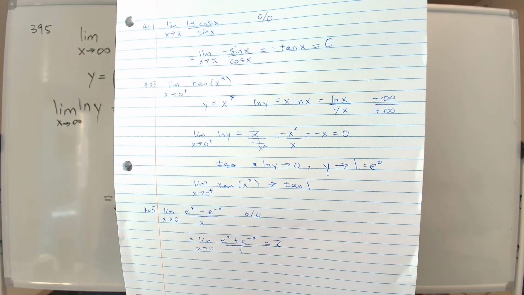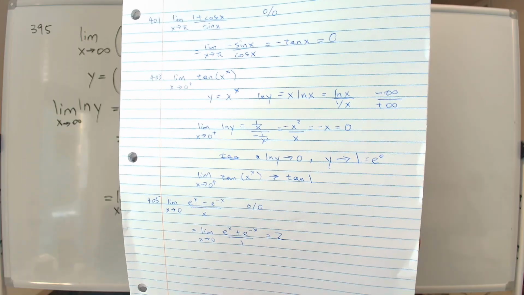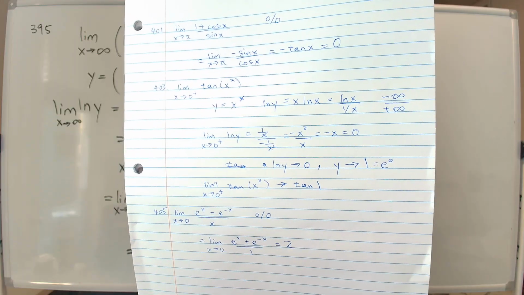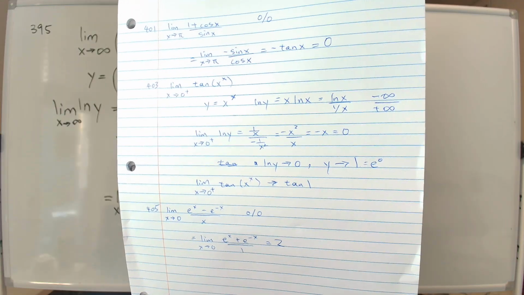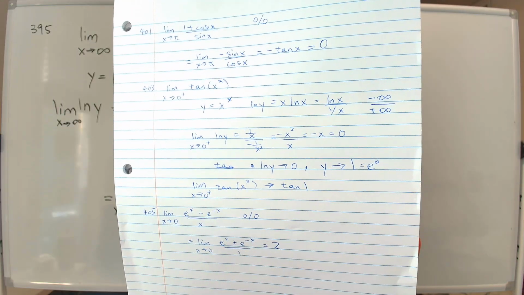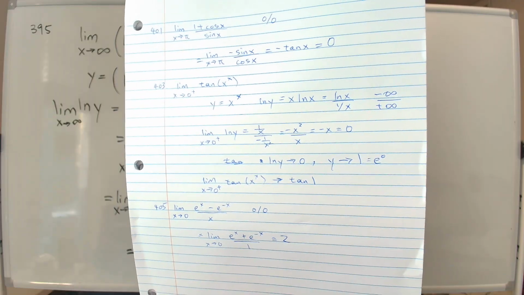That's all. So x to the power x is a basic problem where you use the natural log trick. You take the natural log, you apply L'Hopital's rule, you calculate something, and you put the e on it to make it go back.